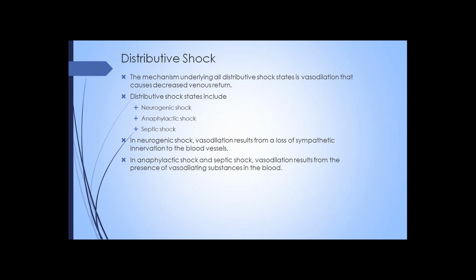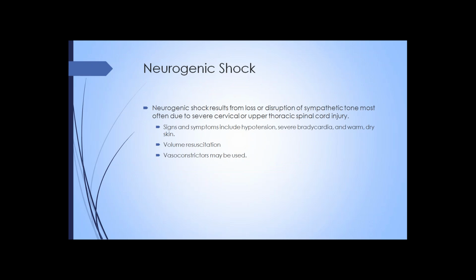Okay, the second kind of shock is the anaphylactic shock. It and septic shock are vasodilatation resulting from some type of substance in the blood that actually causes the vasodilatation. And we're actually going to go into more detail in just a few moments. So again, just to clarify, neurogenic shock results from that loss or disruption of the sympathetic tone from a cervical or thoracic spinal cord injury.